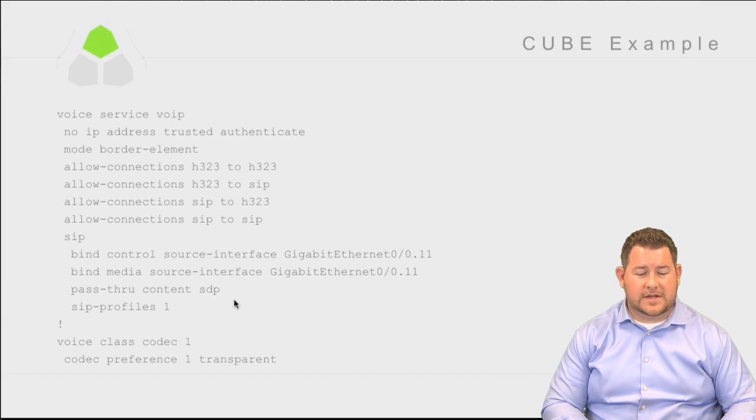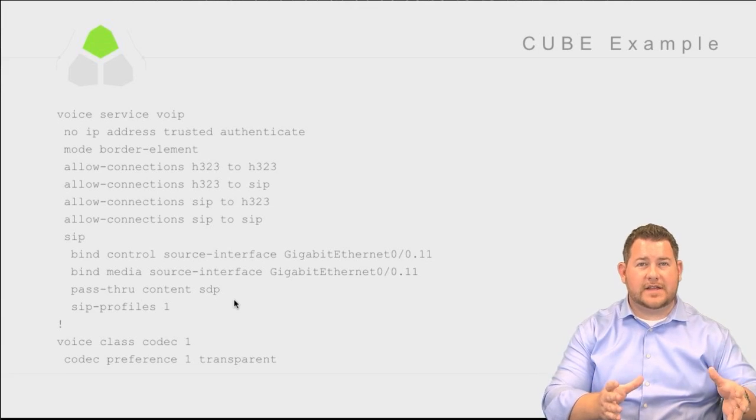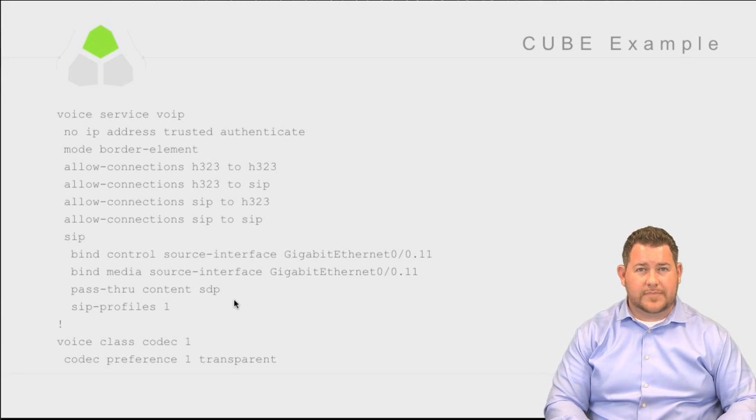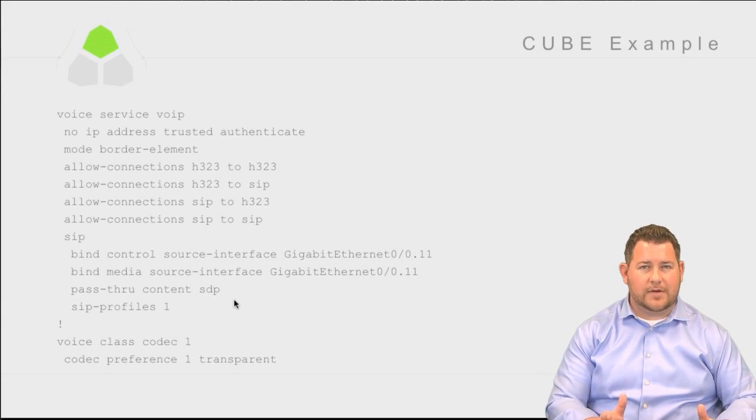You can say pass-through content SDP, which remember is session description protocol. So all the content within that SDP, we're going to pass through the Cube as if the Cube's not going to touch it whatsoever. It's just going to take whatever it gets in and pass it out directly. So it's going to do that so it doesn't interfere with the communication and screw that communication up at all. If you don't have this command in there, you have to physically negotiate the communication on the dial peer itself.